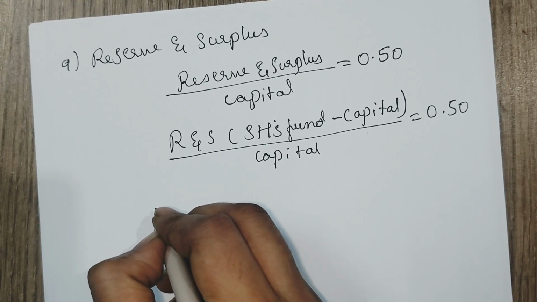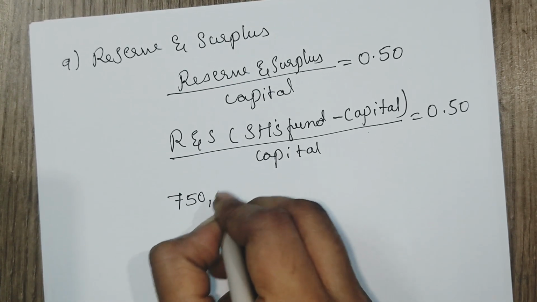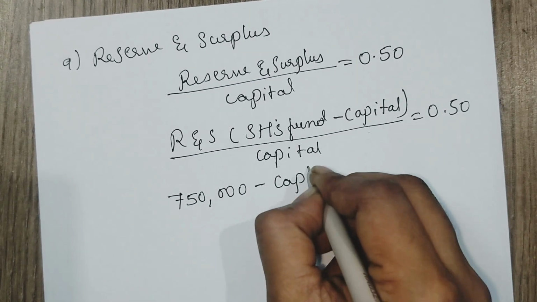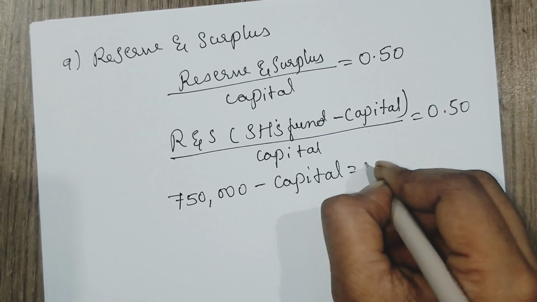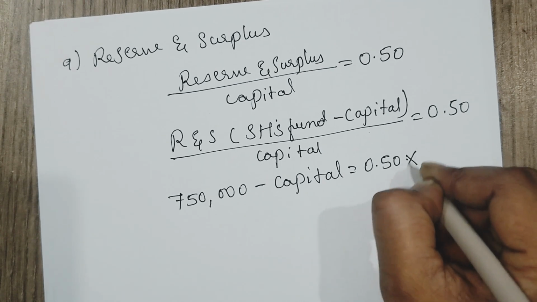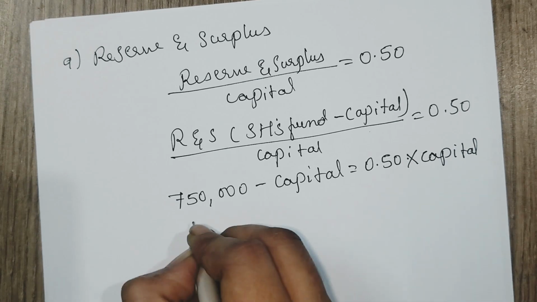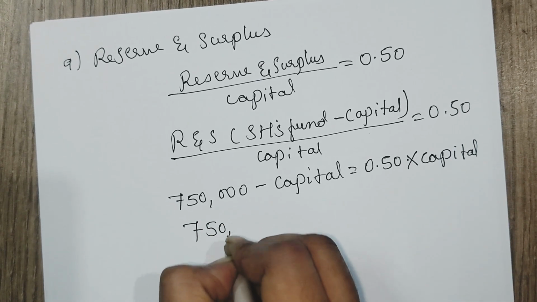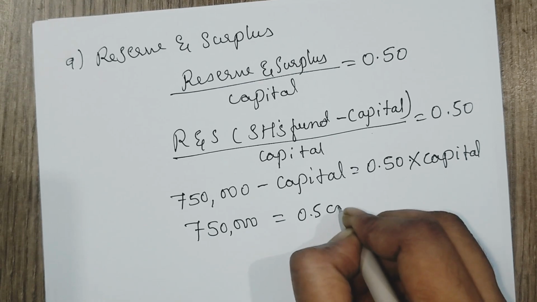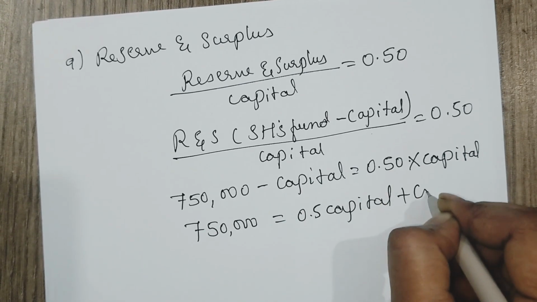Shareholders fund already we have calculated, that is 7,50,000, minus capital is equal to 0.50 into capital. Now 7,50,000 equals 0.5 capital, that is multiplied, and this crosses the equal sign and becomes plus capital.